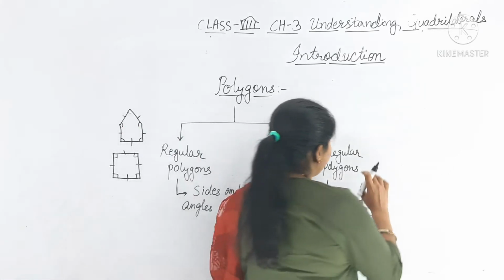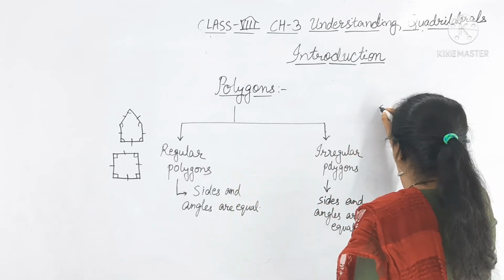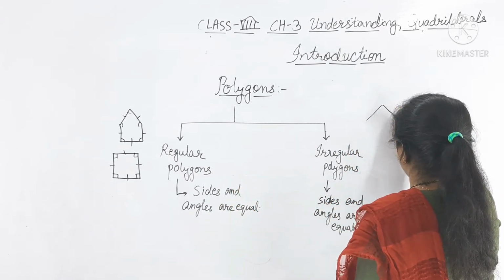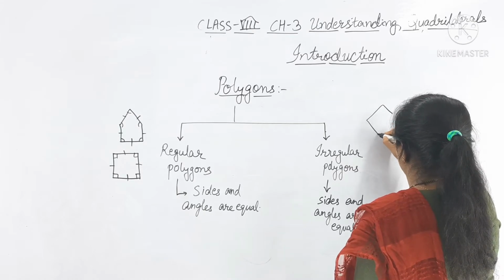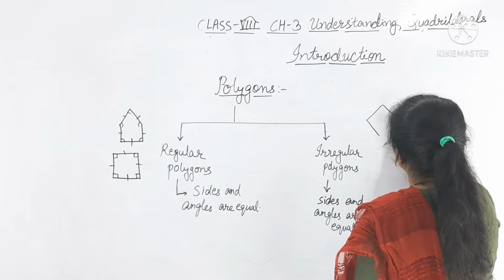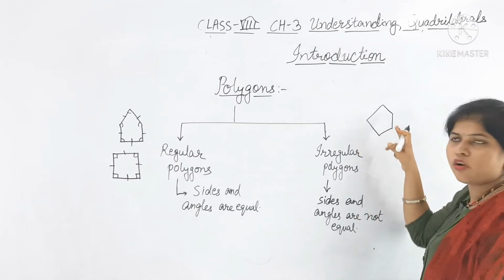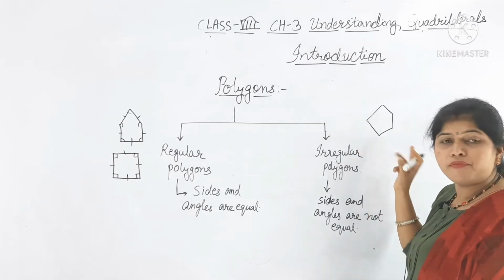You can see an irregular polygon. If I draw the same pentagon like this, something like this, 1, 2, 3, 4 and 5. So these lines are not equal, but these are the 5 sides.